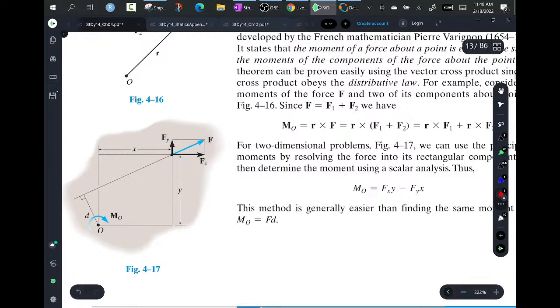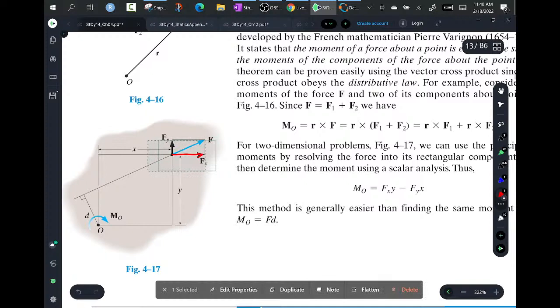I'm going to copy this one. Now I no longer have this one, I have 2 of the others. And I am going to move this along its line of action, which will be right there. Yeah, you get the point.